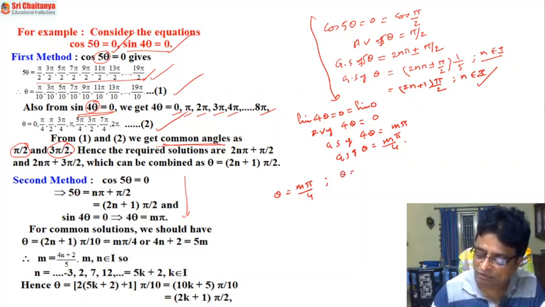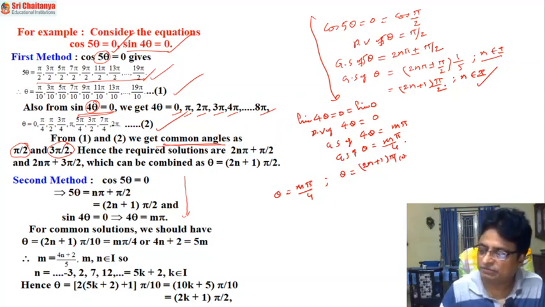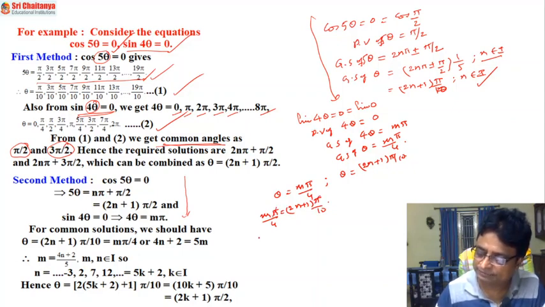There my theta equal to what? 2n plus 1 into pi by 10. This I already told. 2n plus 1 into pi by 10. So if I have equated these two, m pi by 4 equal to 2n plus 1 into pi by 10, then pi gets cancelled, and 2 2's and 2 5's.